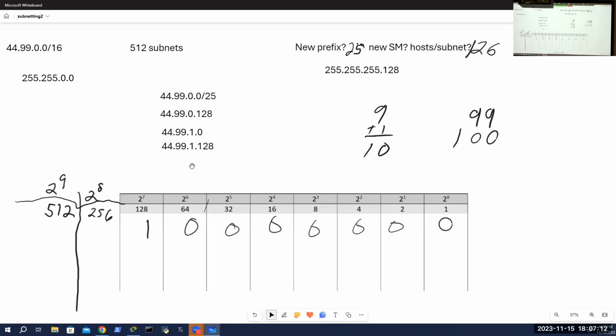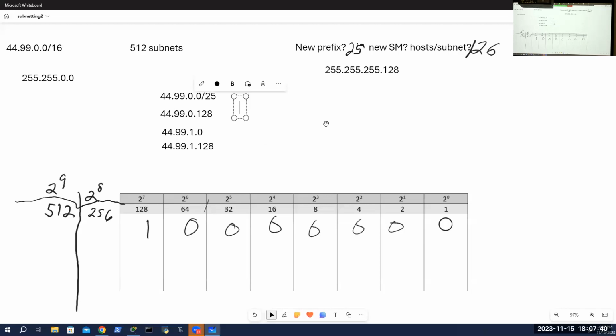Okay. All right, so the last step that you may have to do is enumerating these. Well, these are enumerated, but finding out the host values for each of these.